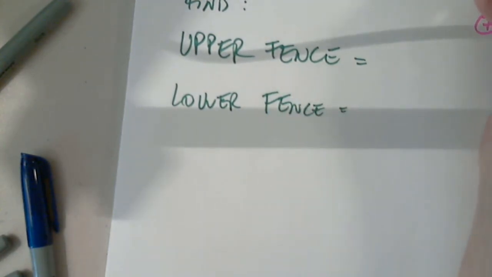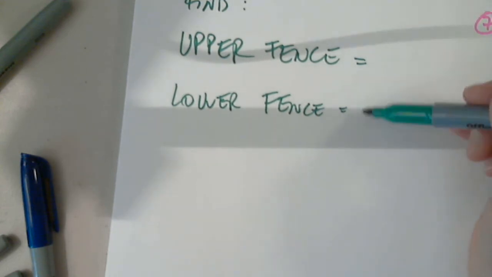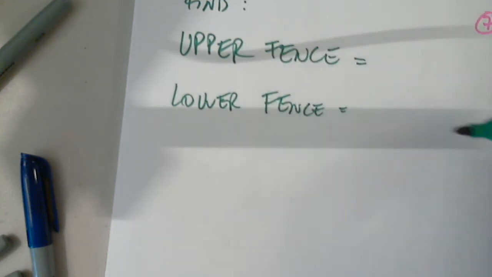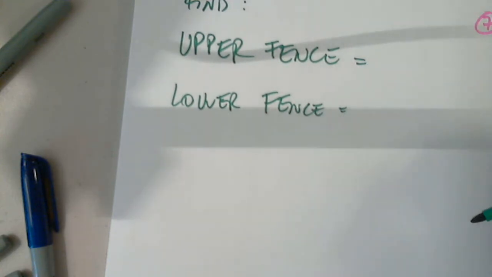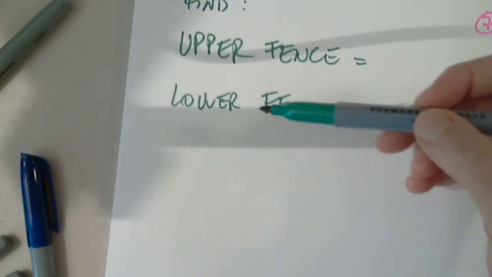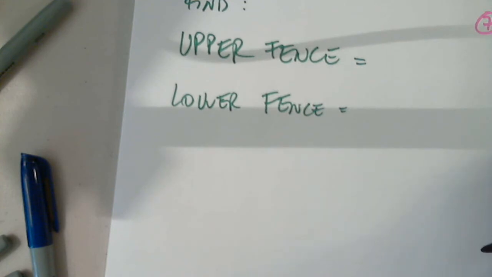If this value is within the range between the lower and the upper, then it's not an outlier. But if this value turns out to be outside of the interval between the lower and the upper fences, then I'll say it's an outlier.